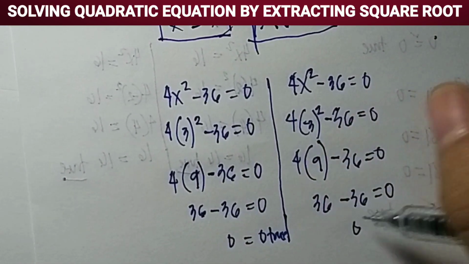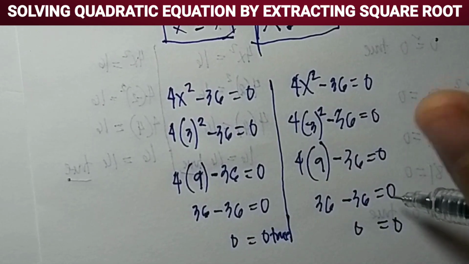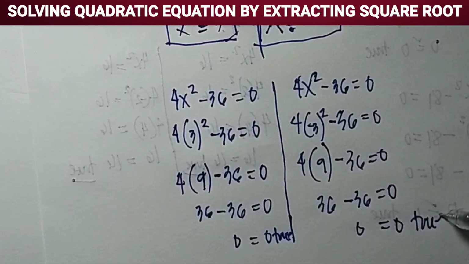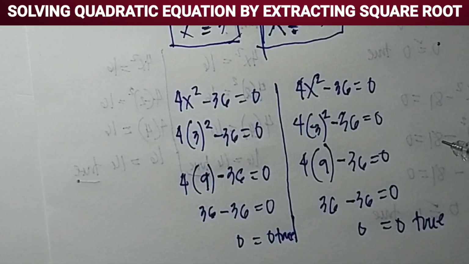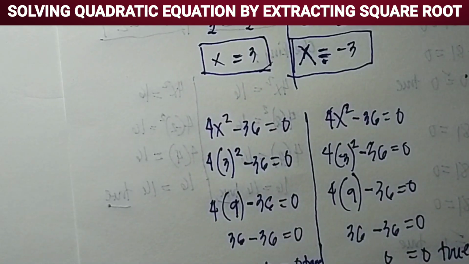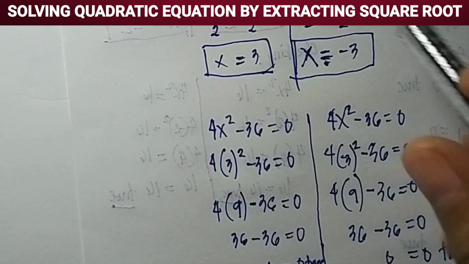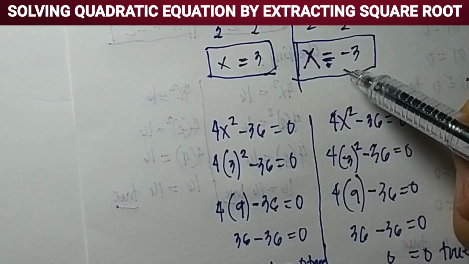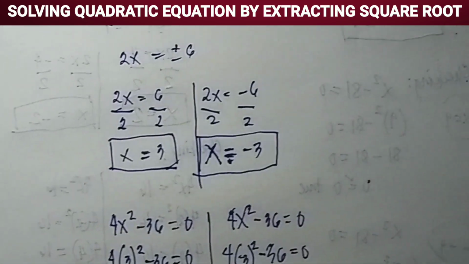So 36 minus 36, 0. So 0 equals 0, tinuod. Correct ang atong solution nga negative 3. Therefore, ang atong roots of 4x squared minus 36 are positive 3 and negative 3.